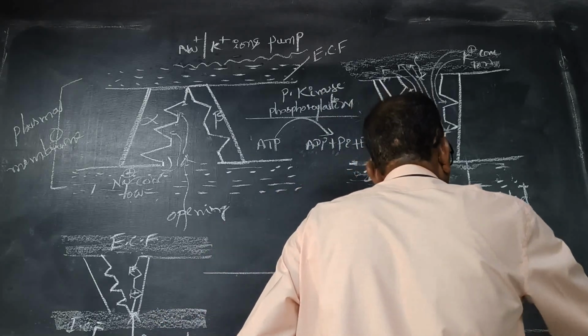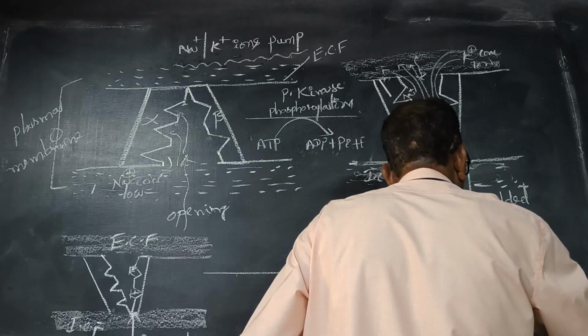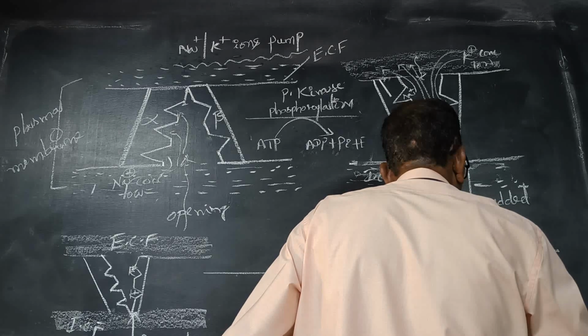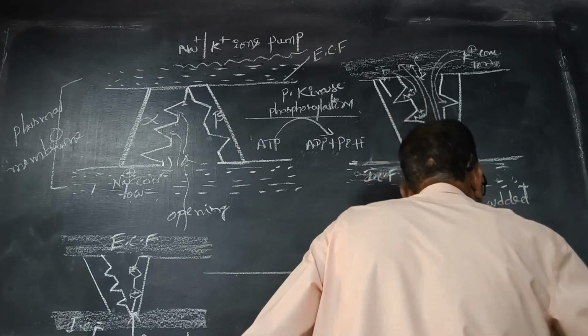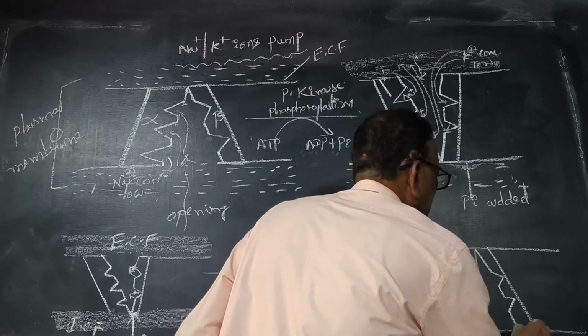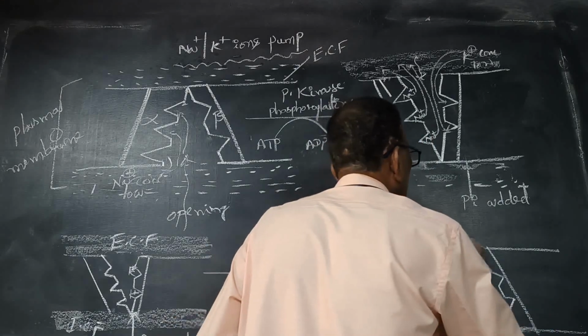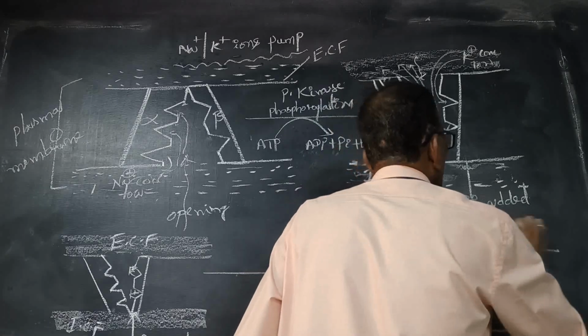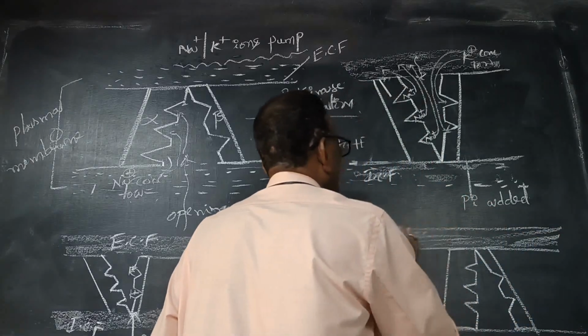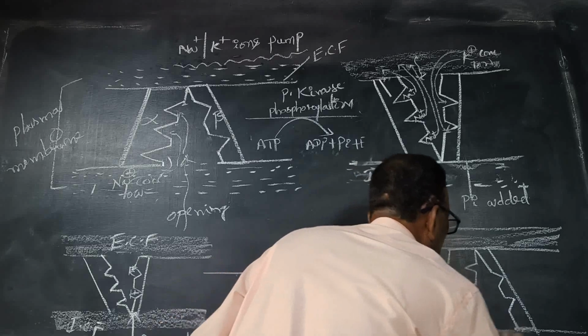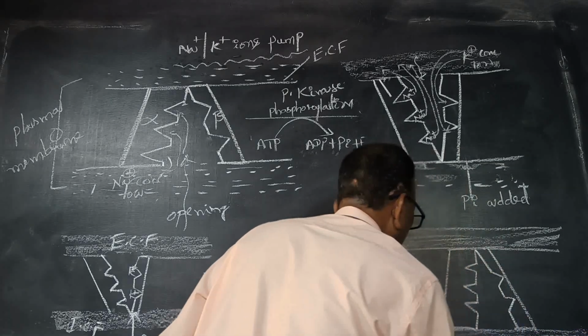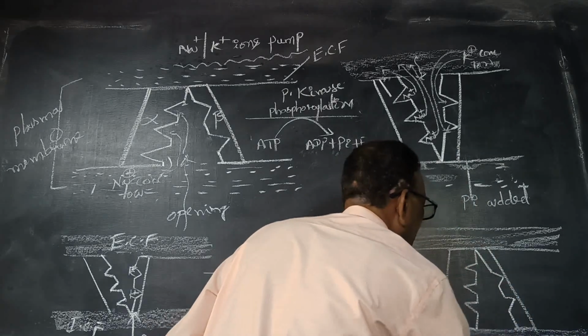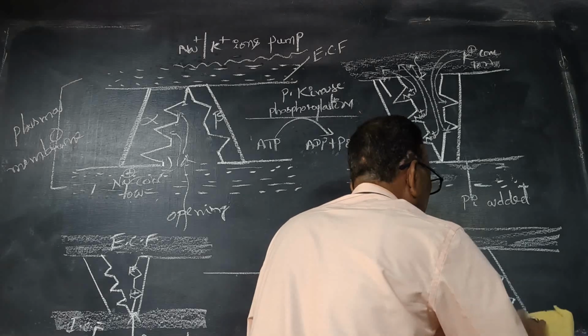First one. This is beta. So this is alpha and beta units. This is completely closed, and this is extracellular fluid, and this is intracellular fluid, and there is an opening here.